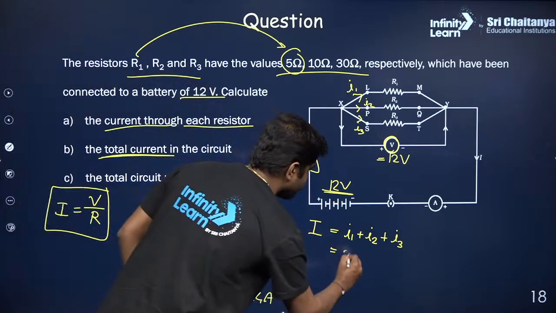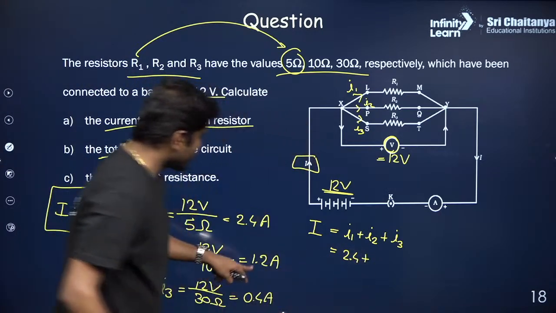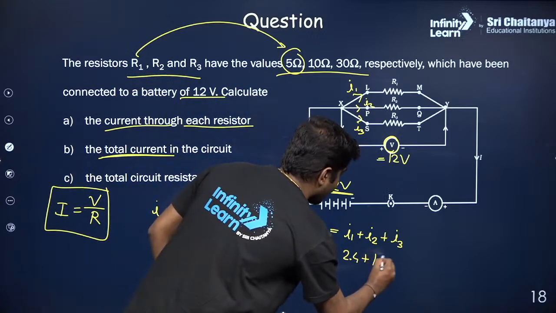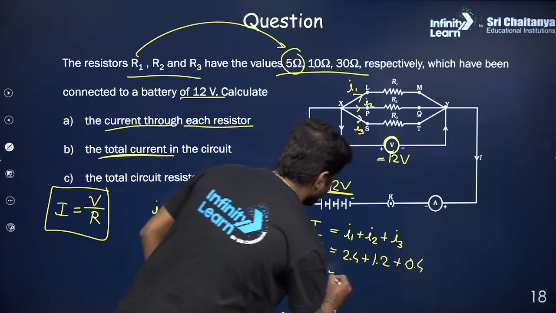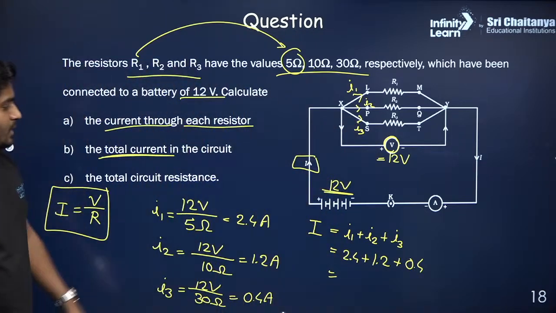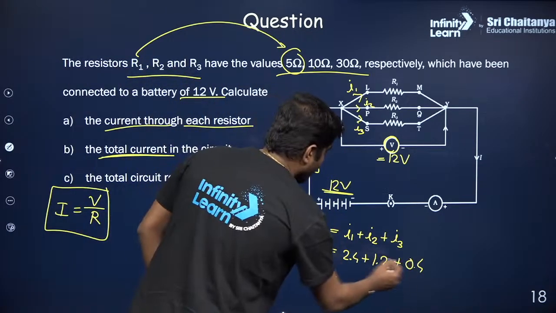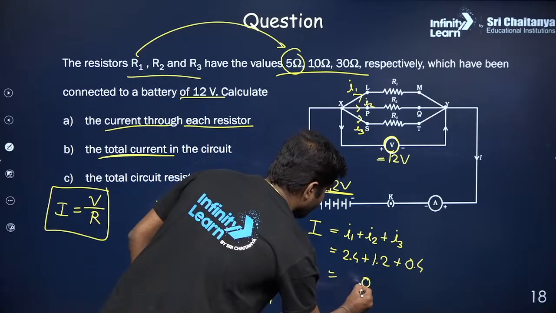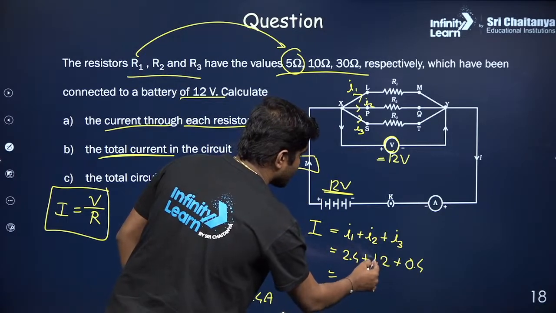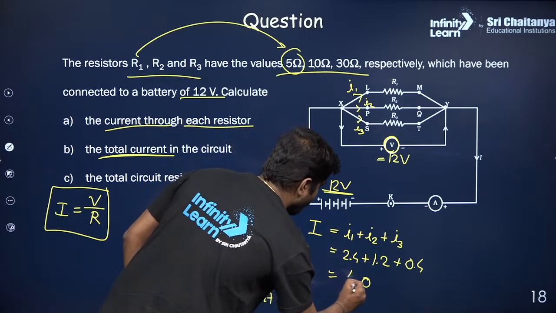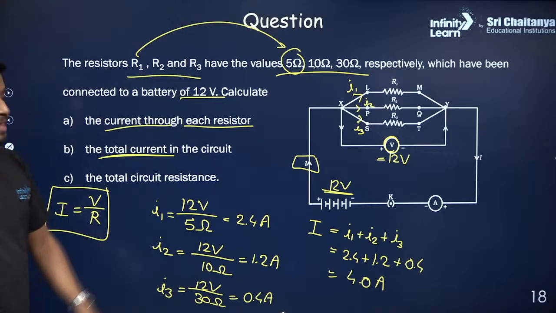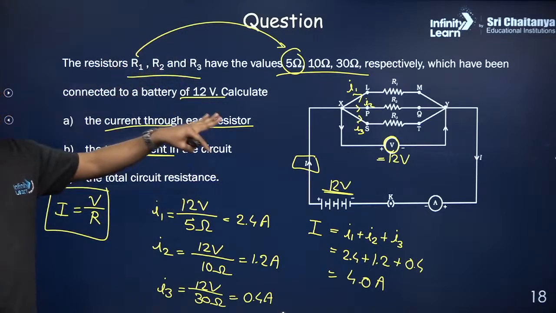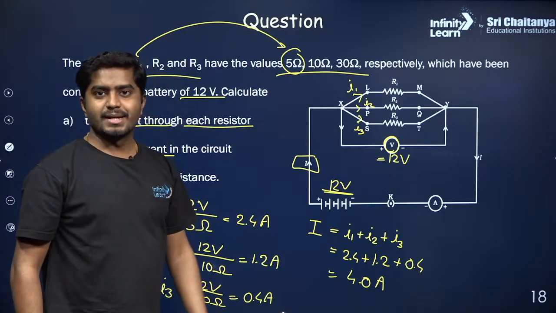I1 is 2.4, I2 is 1.2 and I3 is 0.4. So the total current value will be 4 plus 4 is 8 plus 2 is 10, and 1 plus 1 plus 2 is 4. So the total current is 4 amperes. So the total current in the circuit is 4 amperes.